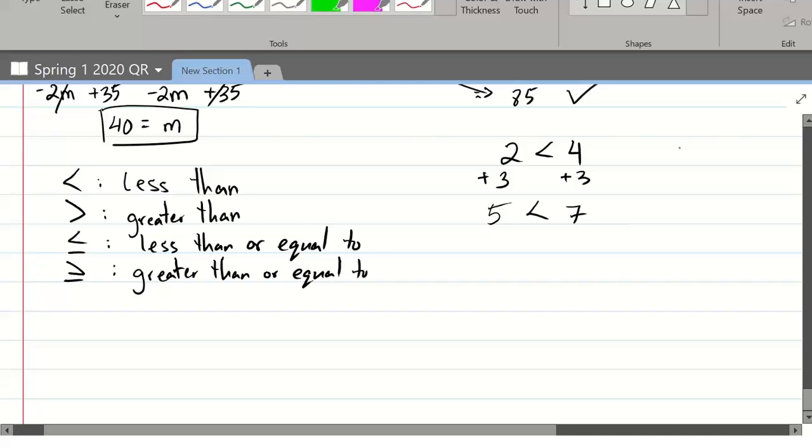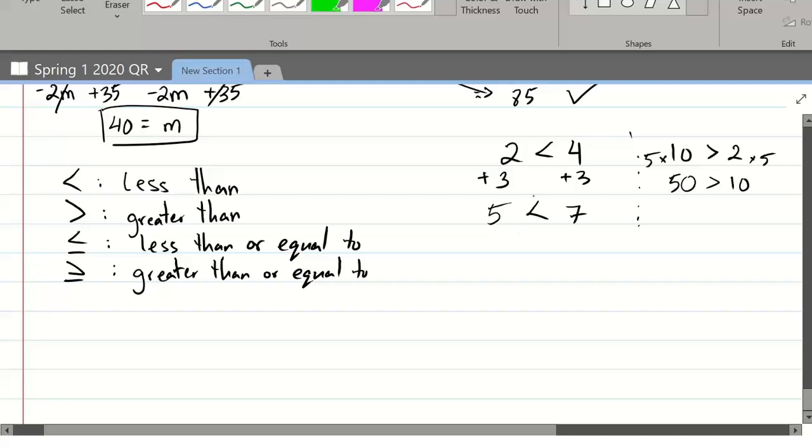What if we had another example, 10 is greater than 2, right? Now what if we multiply both sides by 5, right? 50 is still greater than 10, right? So if you multiply by a positive number, the inequality symbol stays true as well. You don't change it, right?